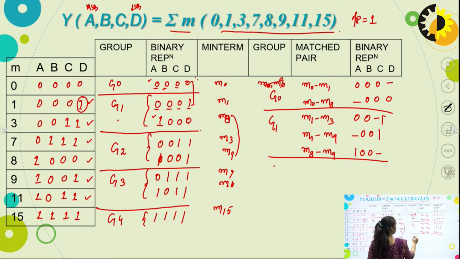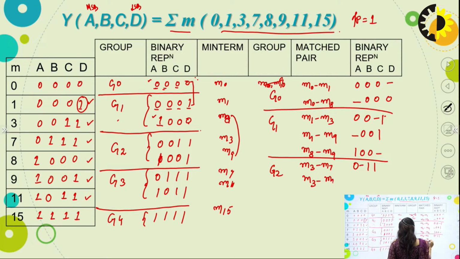Next, we are going to compare group 2 and group 3. So compare M3 with M7. We are going to have the value B removed, 0, 1, 1.